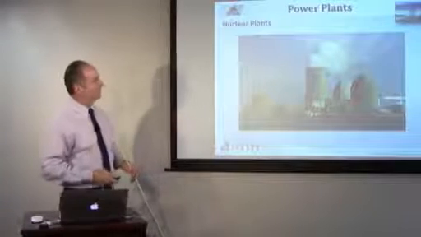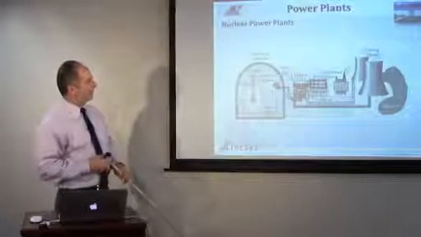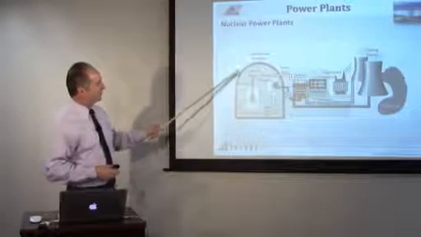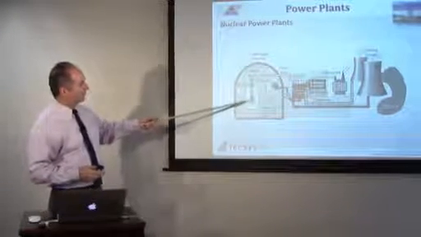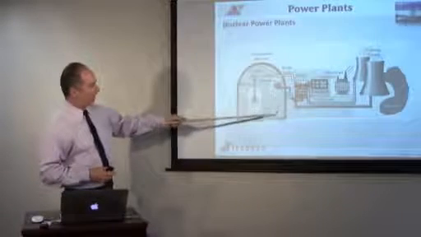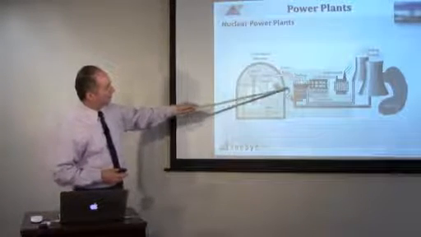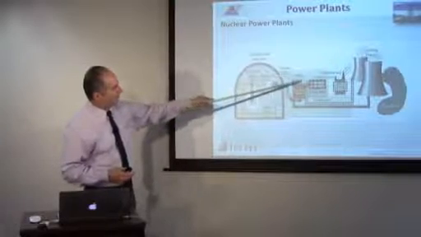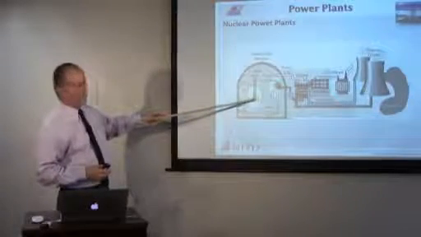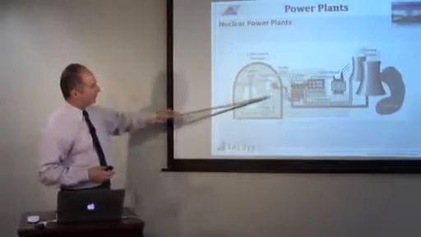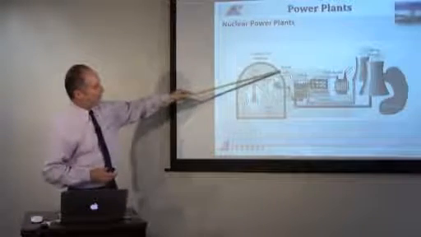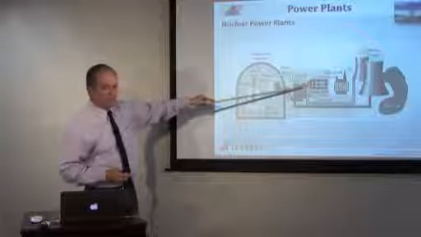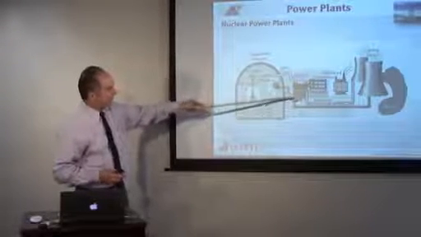It's a little different. So what we have is a containment structure that has a reactor that is producing high temperature water from the heat, and a separate water system goes out to the turbine.